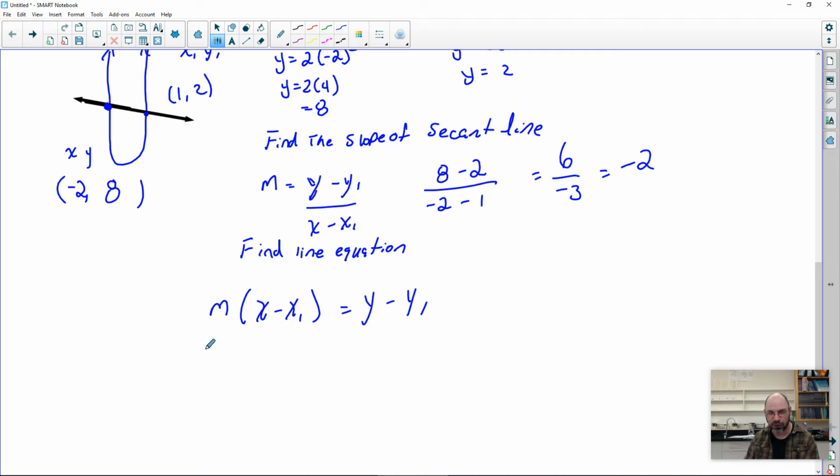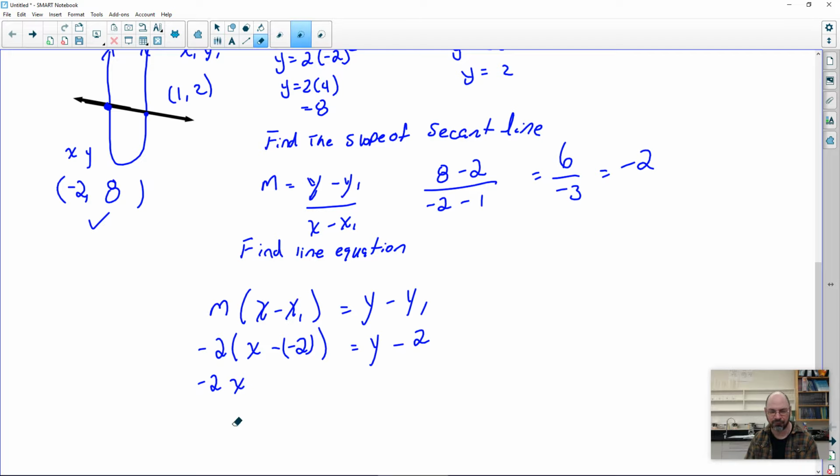So slope is negative 2 times x minus negative 2. I'm choosing this point as my x1 for this one. It could be the other point if you want to use that one; that one works too. And then I've got y, remember leaving one blank, minus 8.